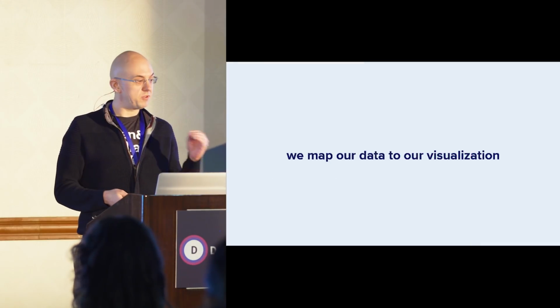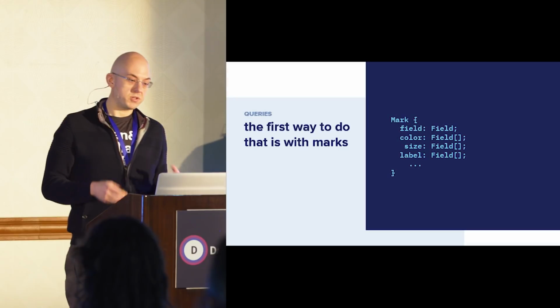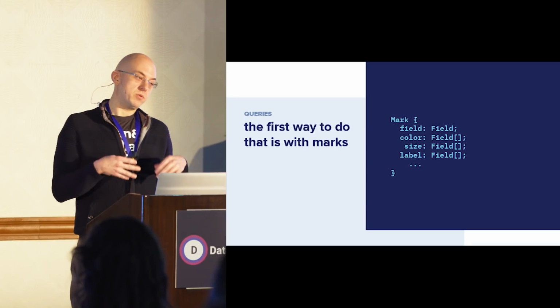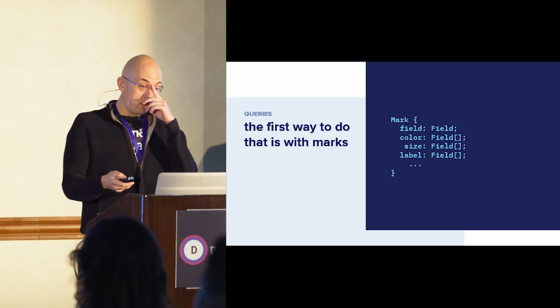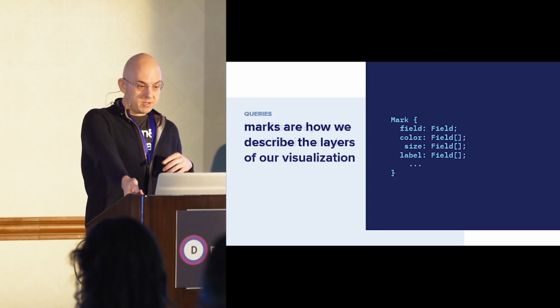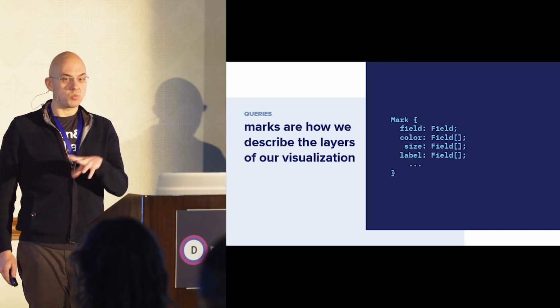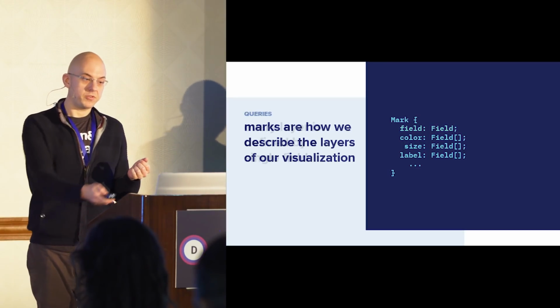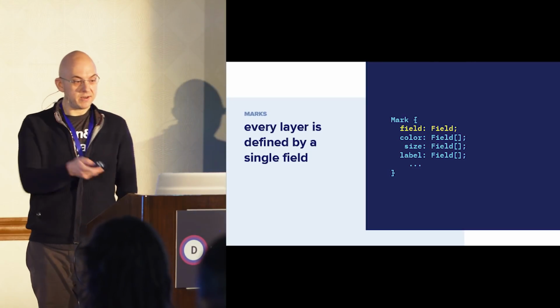So once we have fields, sorts, and filters, we want to map that to our visualization. The way we do that is we use a structure called a mark. Marks are how we describe layers of our visualization. So one layer equals one mark data structure. Every layer is defined by a single field, which I've highlighted here.